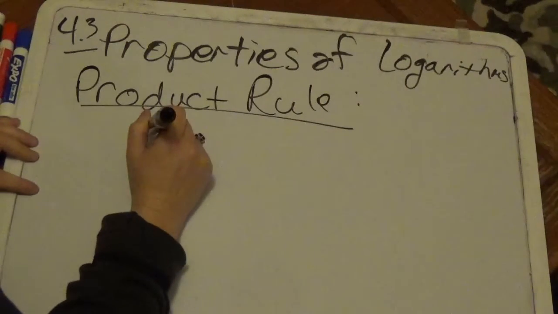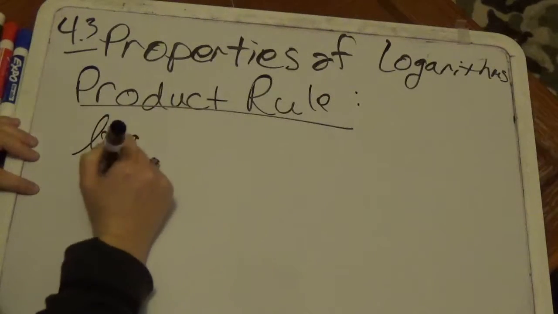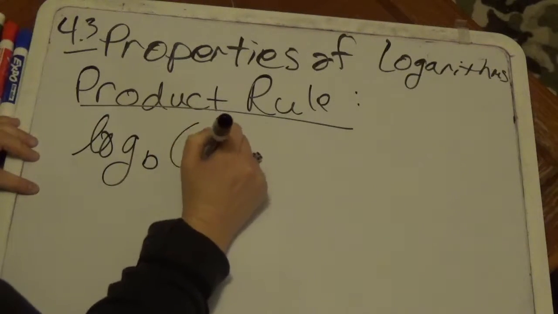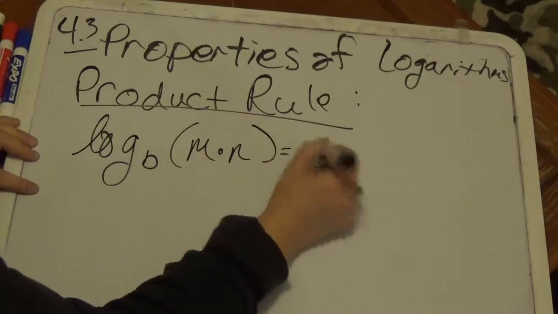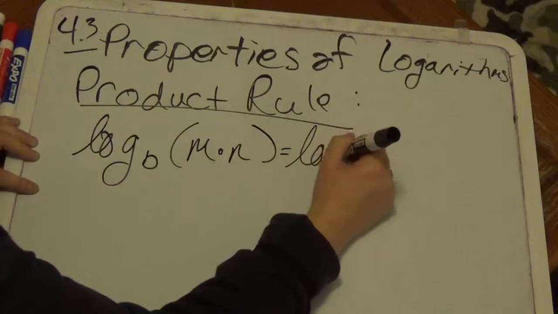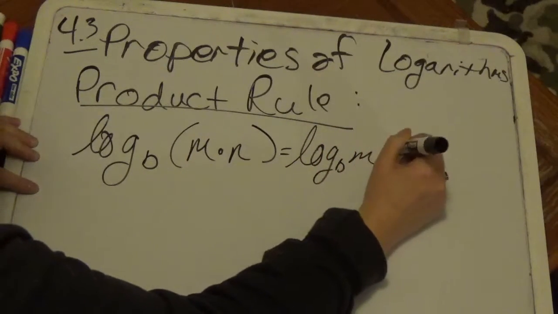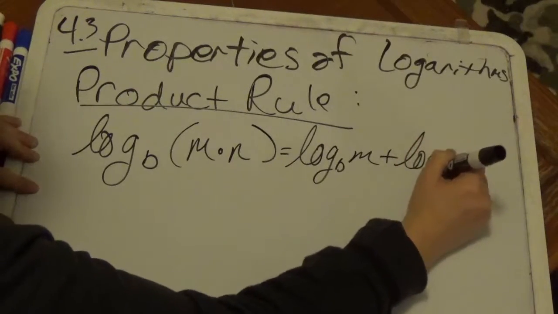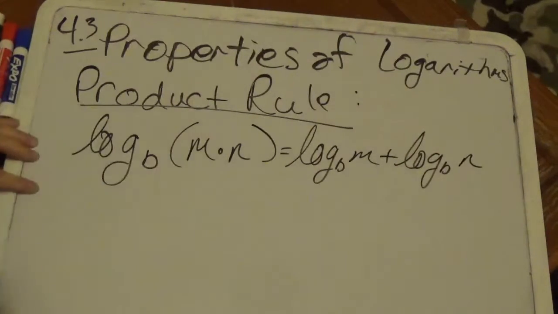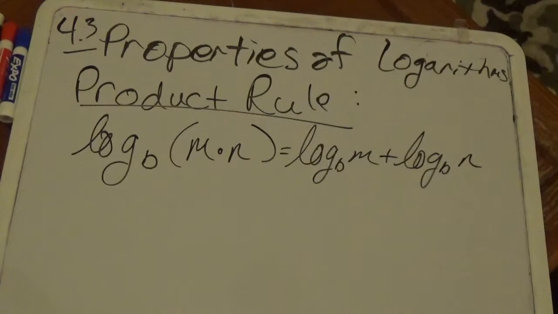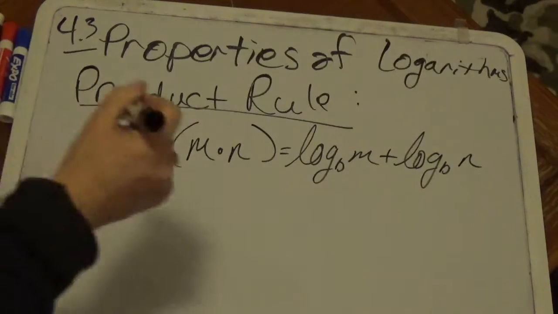So the product rule is log base b of m times n equals log base b of m plus log base b of n. So multiplication equates to addition. And it's just like with exponentials.